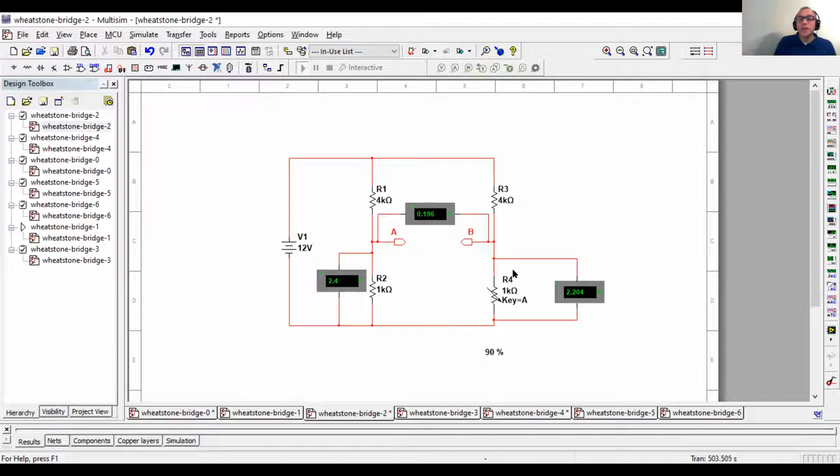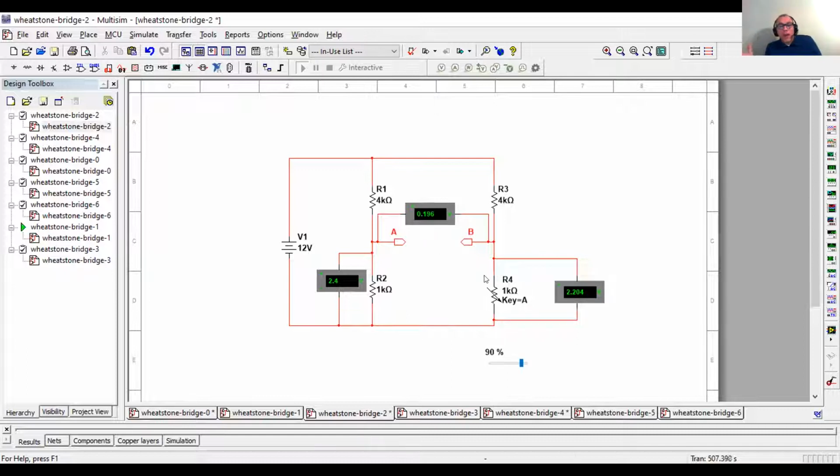A strain gauge is when you put a certain amount of stress or strain on the strip, the resistance of it changes. So we put that input here as R4. And we use the voltage difference that we measure between A and B to tell us how much resistance is here.